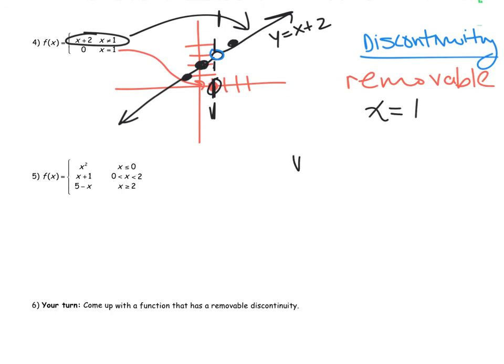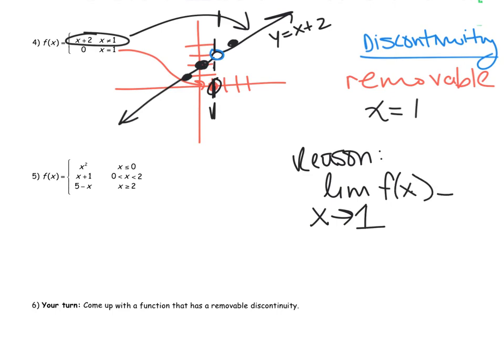And now the reason why we would say this is discontinuous, using those rules above, remember it has to satisfy all 3. The reason this fails being continuous is because the limit as x approaches 1 of the function f of x doesn't equal the value f of 1.